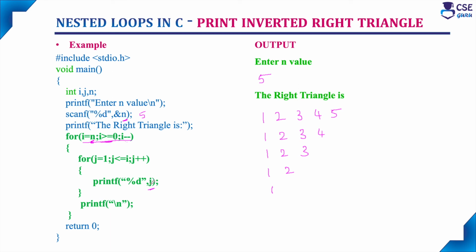If you print the i value here, you get the inverted right triangle like this: all 5s in the first row, all 4s in the second row, all 3s in the third, all 2s in the fourth, and 1 in the fifth row. This is the inverted right triangle when printing i.